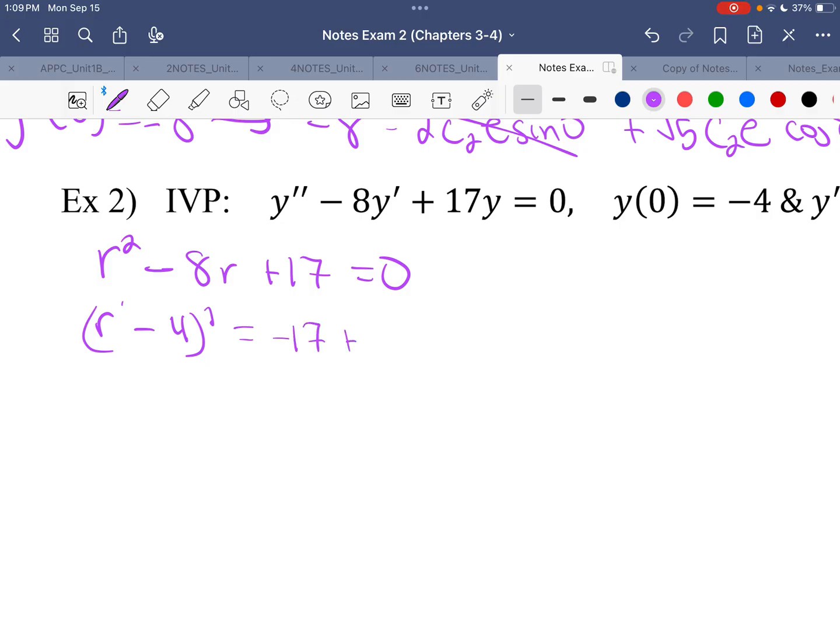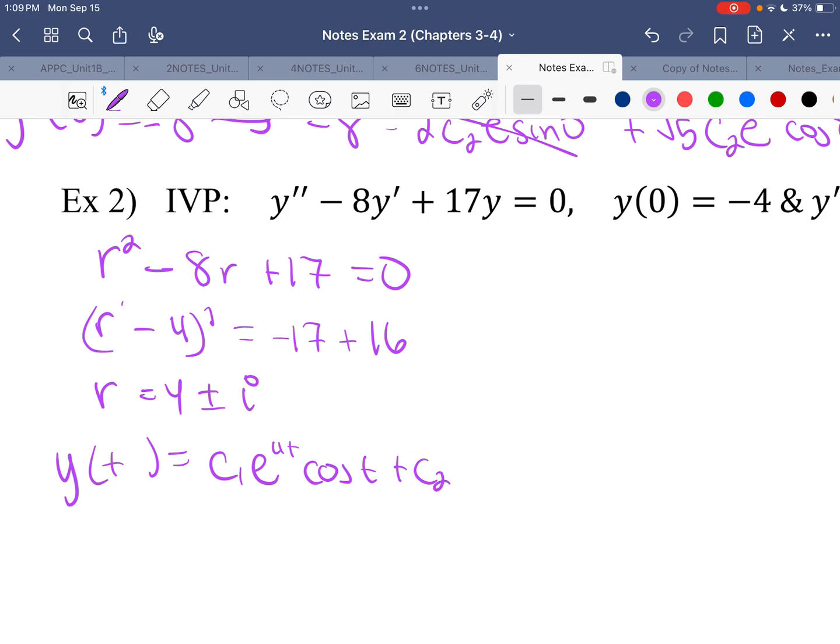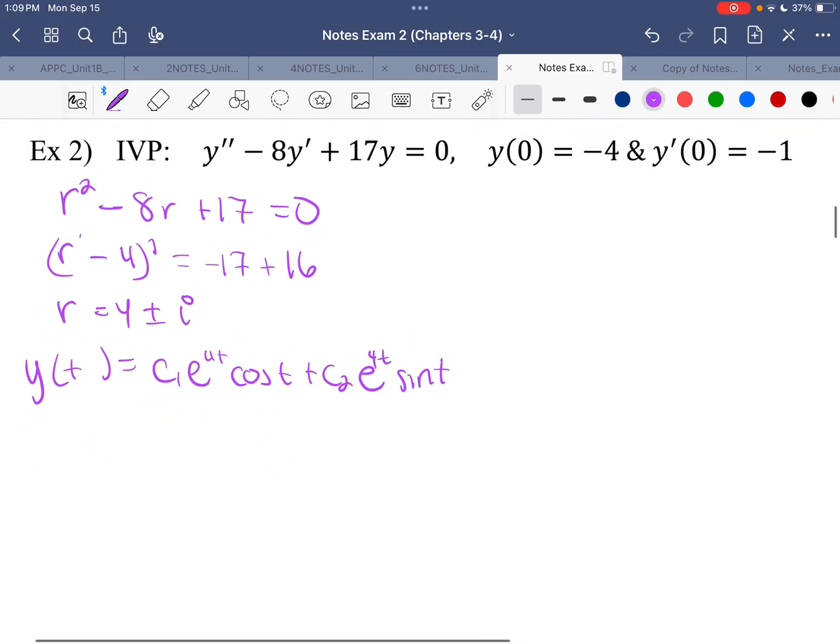So if you haven't figured out how to solve this by now, you're going to be confused. r equals 4 plus or minus i. Okay, using our initial conditions, I'm solving. Hopefully you've done this yourselves. Collaborate if you haven't.